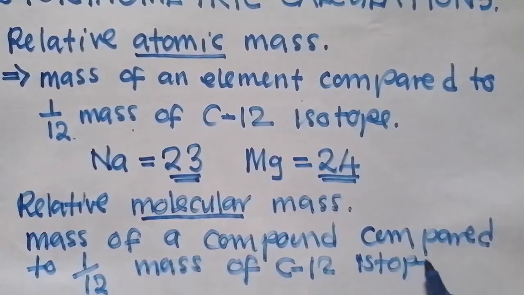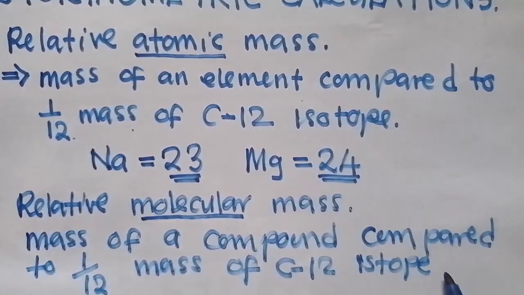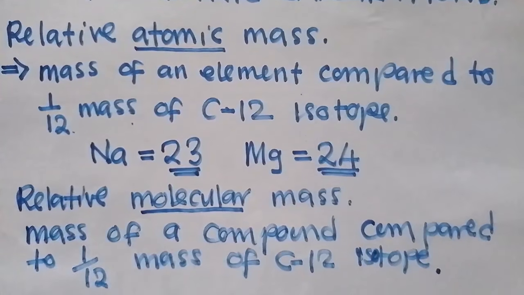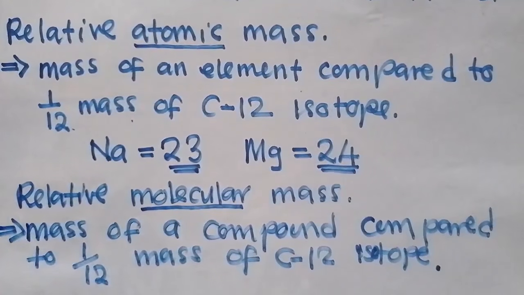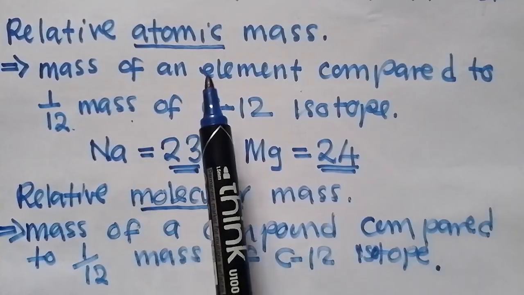This is what we mean. I'm giving you this summarized definition so that if it comes in an exam, we are able to tell the examiner what relative molecular mass and relative atomic mass are.